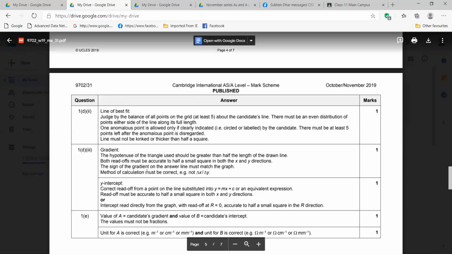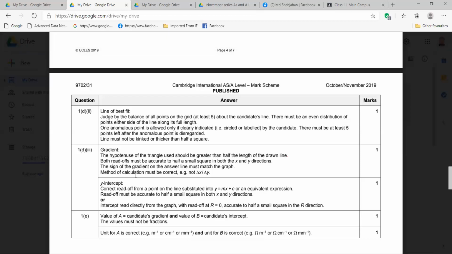That means while you are drawing the triangle, or while you are drawing the gradient, when you are getting these 2 points, we are taking 2 points, right?